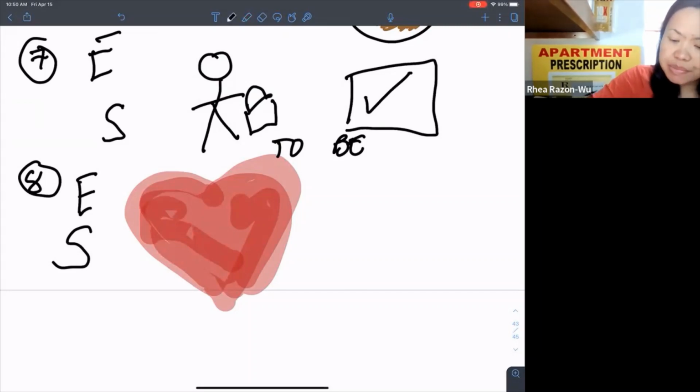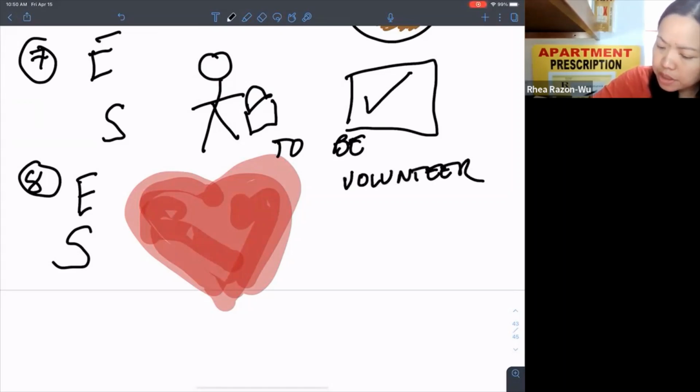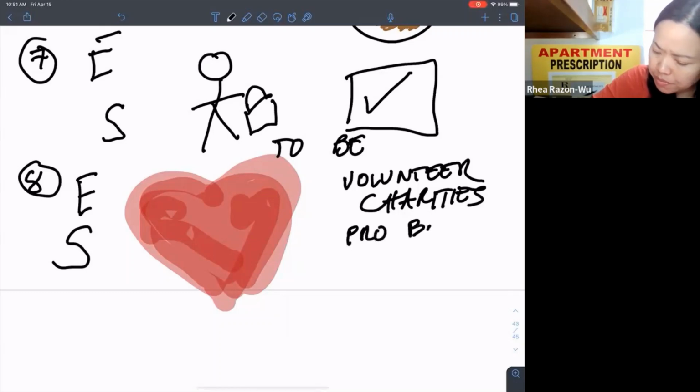So they contribute their time to work and volunteer for free to charities, and they also work pro bono for worthy causes.